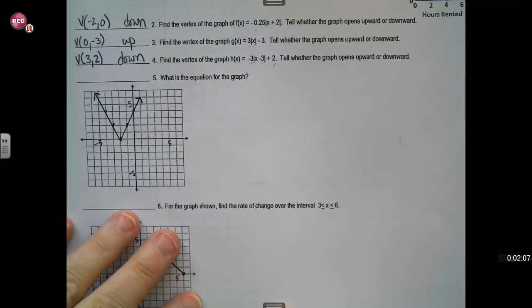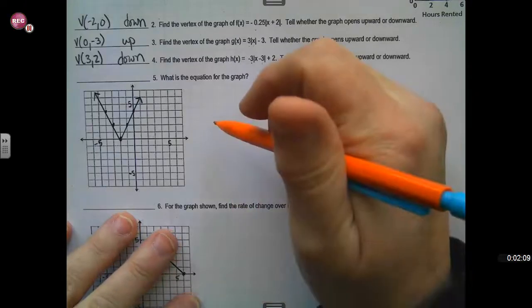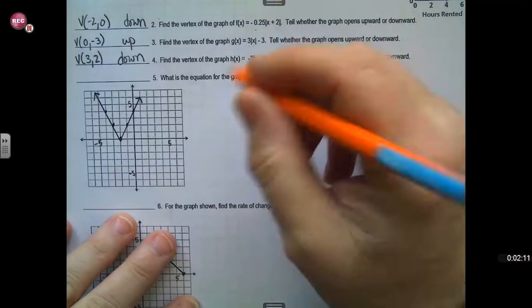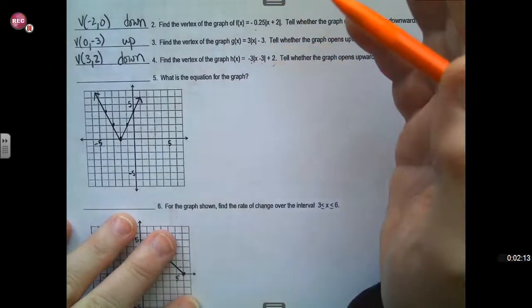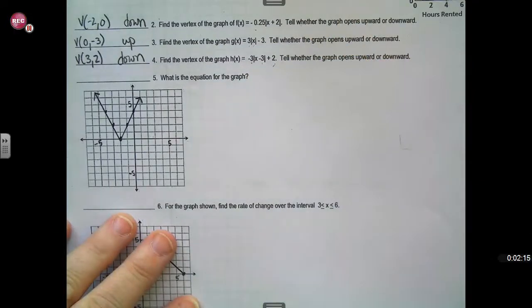Next one, I want to write the equation for the graph, and I want to write it as an absolute value, not a piecewise function.